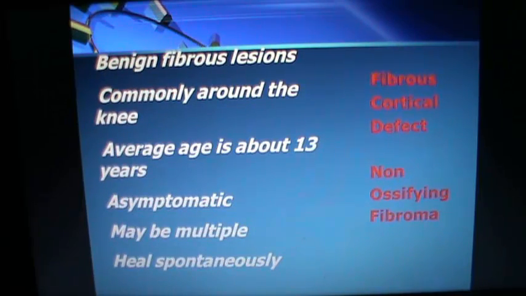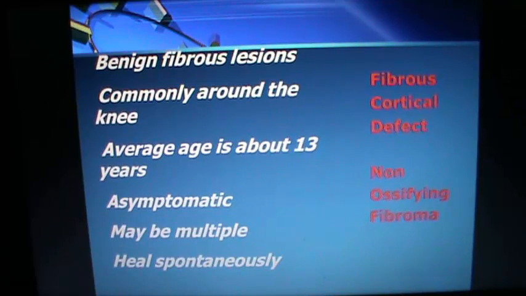Now, fibrous tissue tumors. Fibrous tissue tumors could be, as we know, fibrous cortical defect. And to understand this, it is something similar to simple bone cyst. Simple bone cyst is a defect in the marrow due to stretch, and fibrous cortical defect is a defect in the cortex due to stretch.